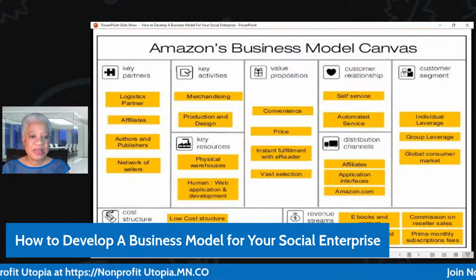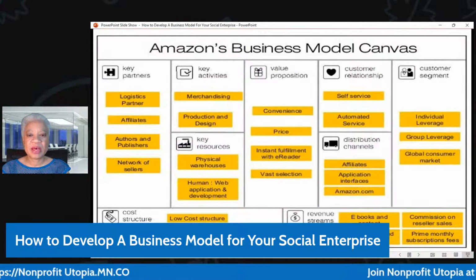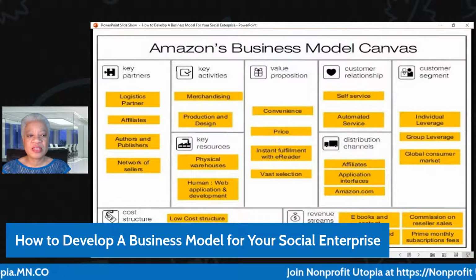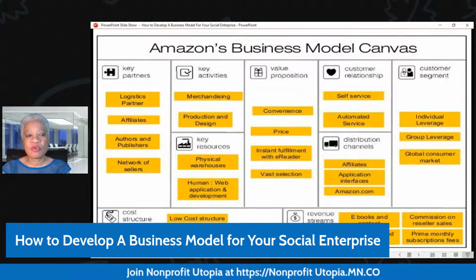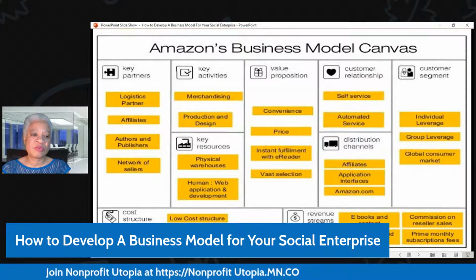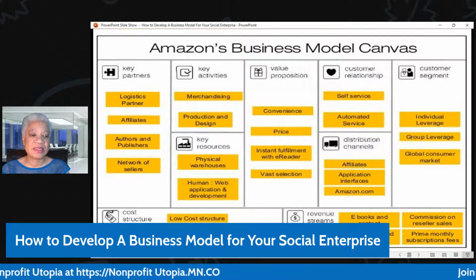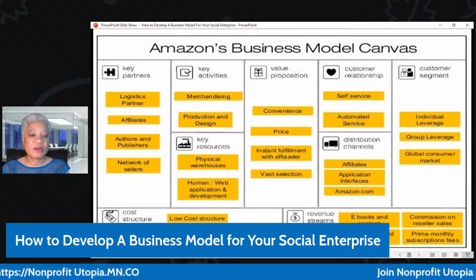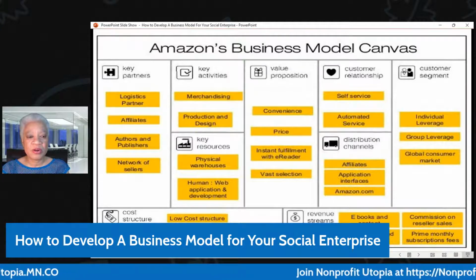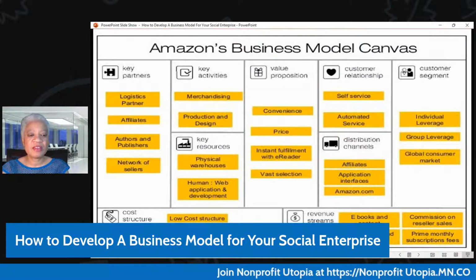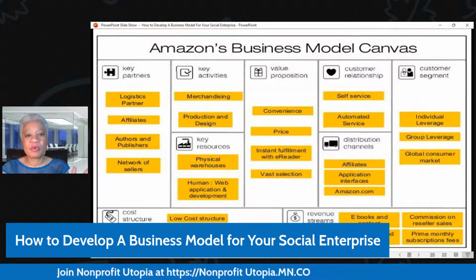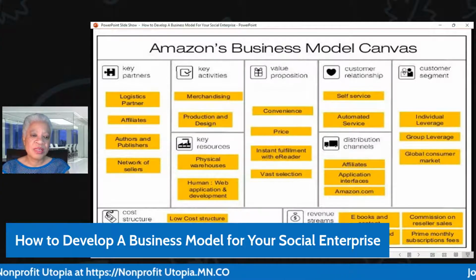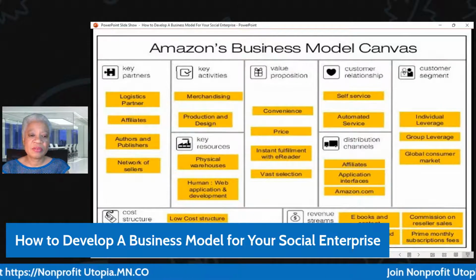And then finally, we've got the Amazon business model canvas. Now, this is just for their retail operation. This is not for their B2B service where they're providing IT. So their key partners are their logistics partner, their affiliates, authors and publishers, and then their network of people who sell products. And then their key activities are merchandising, production, and design.